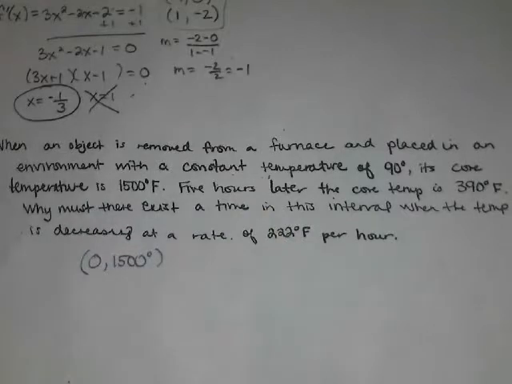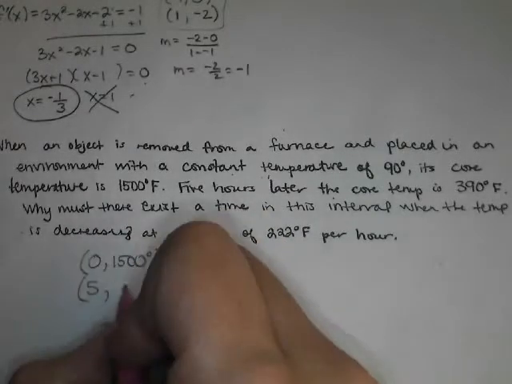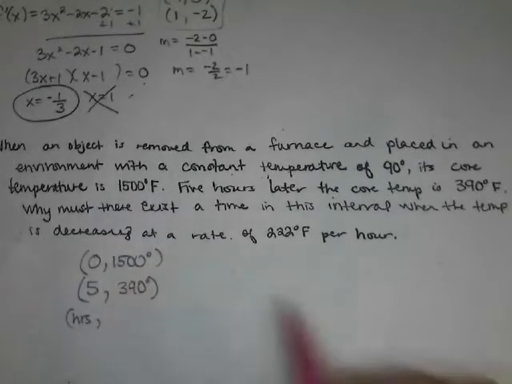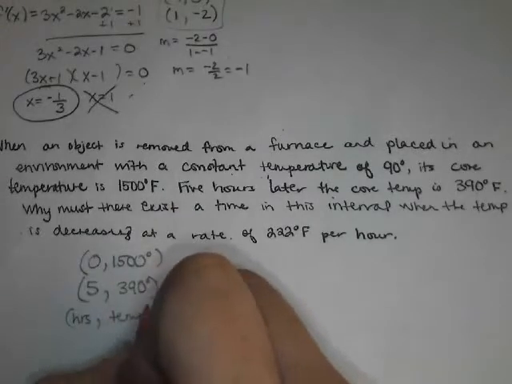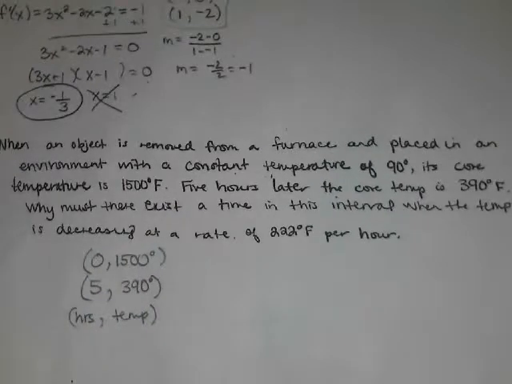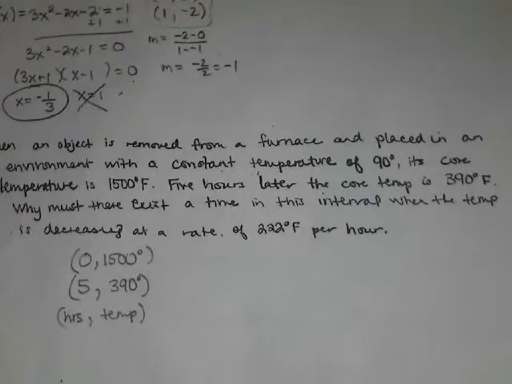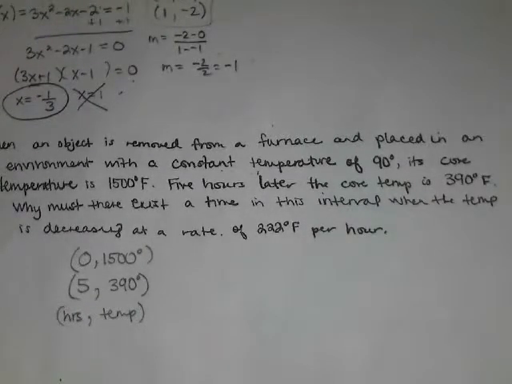Okay? Why must there exist a time in this interval when the temperature is decreasing at a rate of 222 degrees per hour? So it's going to be a little bit of an explanation and a little bit of a justification. You need some work to back this up. The overall average rate of change needs to be calculated.